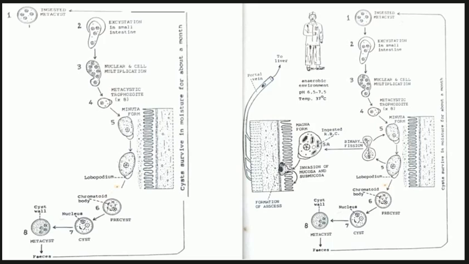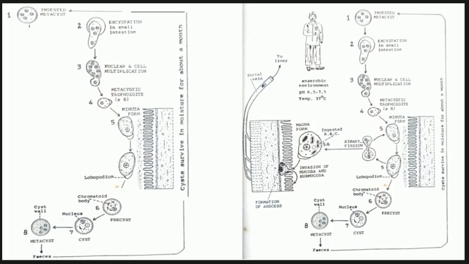It is protected through the stomach and small intestine, and when it enters the large intestine, at that time it comes out, 4 nuclei come out, and that process is called excystation.